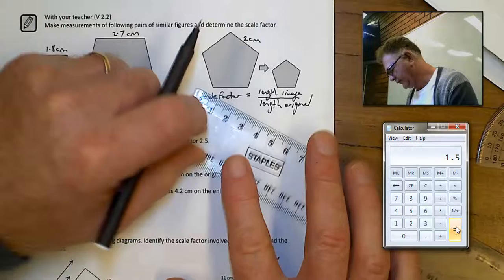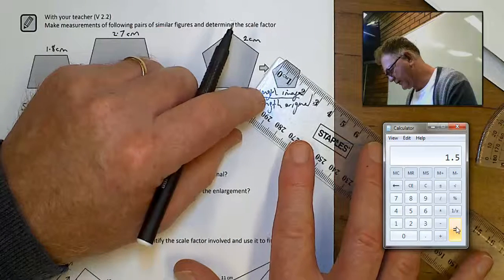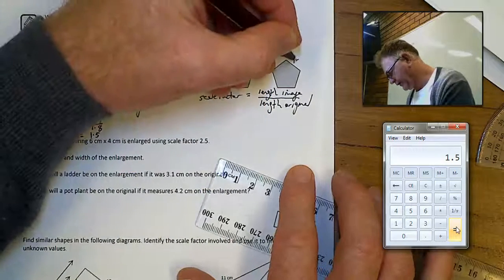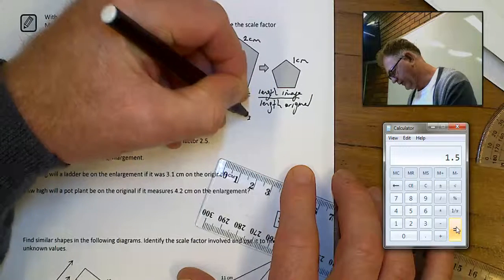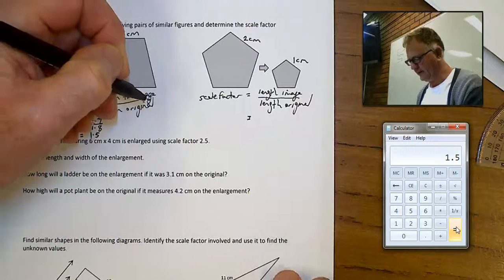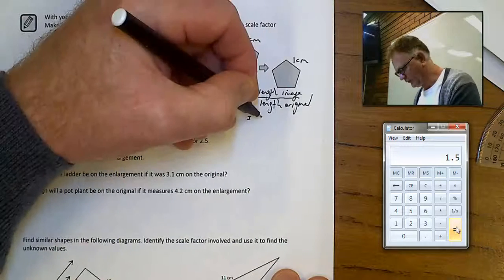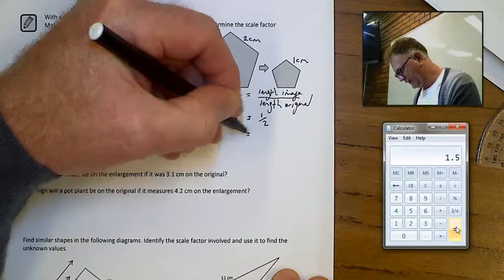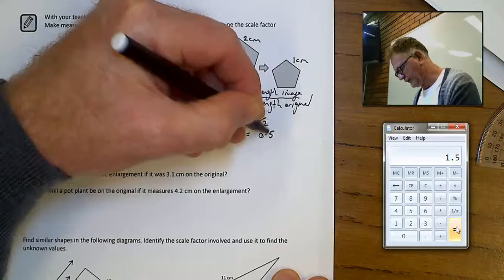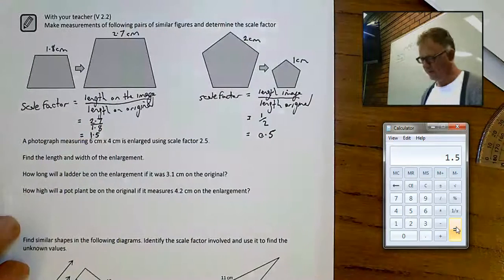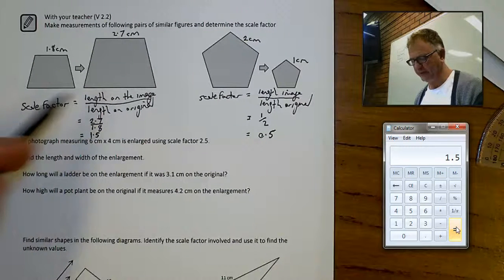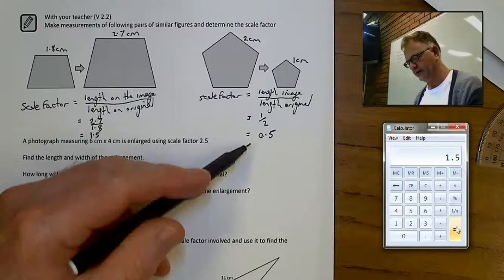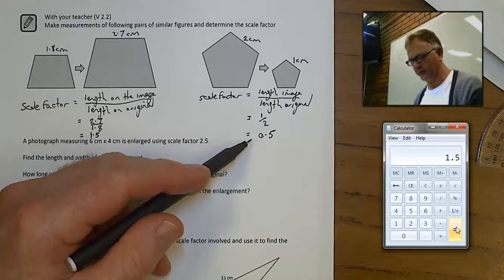Same side on the image, 1 centimetre. So in this case the scale factor is the length on the image, 1, divided by the length on the original, 2. That's a scale factor of 0.5. Notice that in an enlargement the scale factor is bigger than 1. In a reduction the scale factor is smaller than 1.